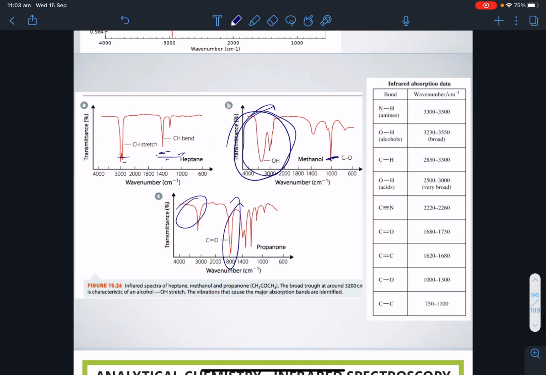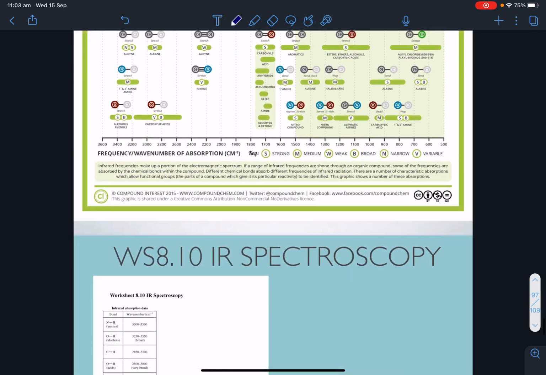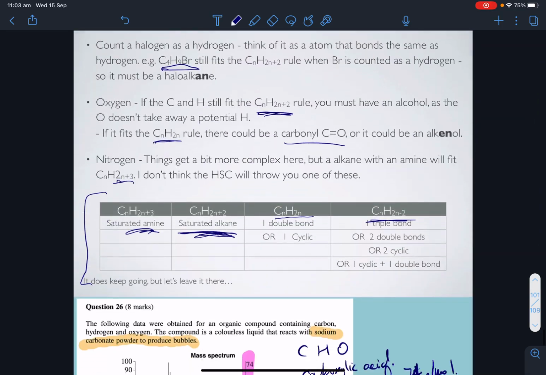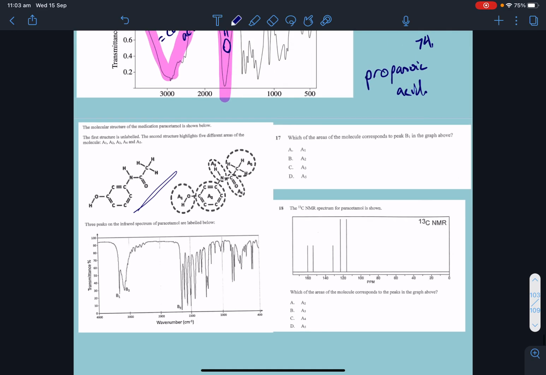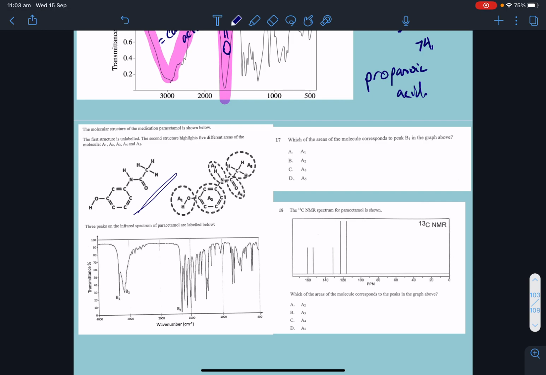This is the one we want. It's a very tight peak, looking 33 to 35. It could be an amine. Let's just make sure. 33 to 35. Yeah, that's looking pretty good. So it's looking like an amine. Do we have an amine on here? Yes, we have this amine. So it's A3.